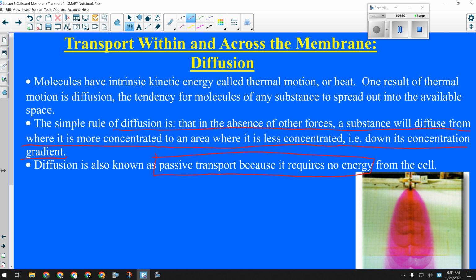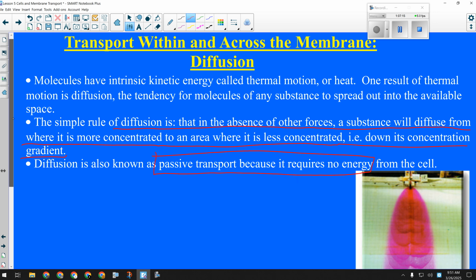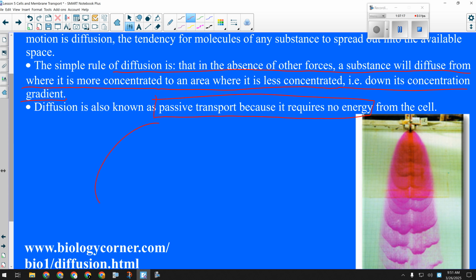And it probably does. The other issue with diffusion is that because it's just spreading out, it gets pretty diluted pretty quickly. If I'm looking at a cell, and remember, a cell is small, and the substance is being produced right here, let's say every one of these dots represents the substance being produced. That's where it's in high concentration.